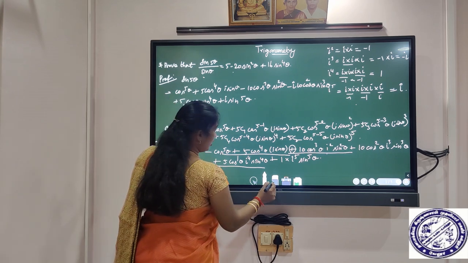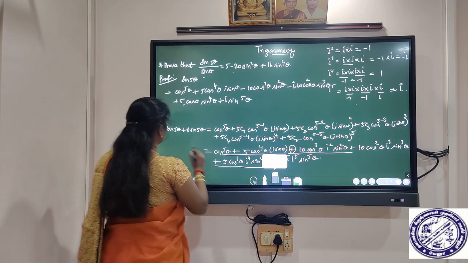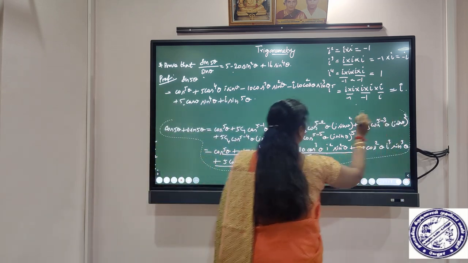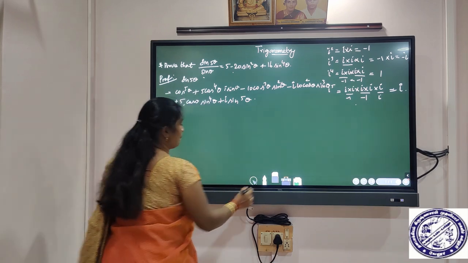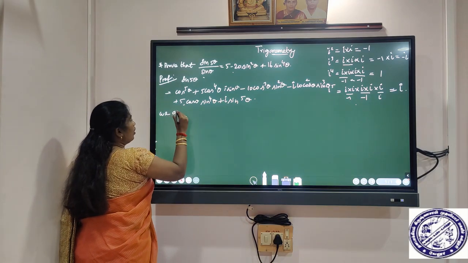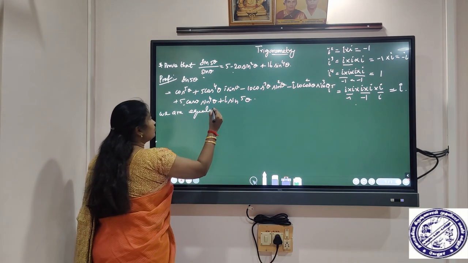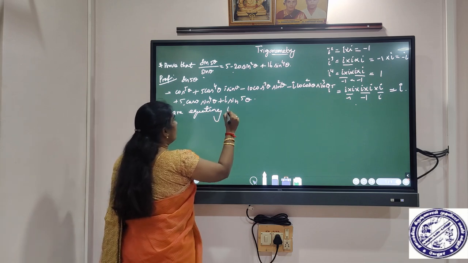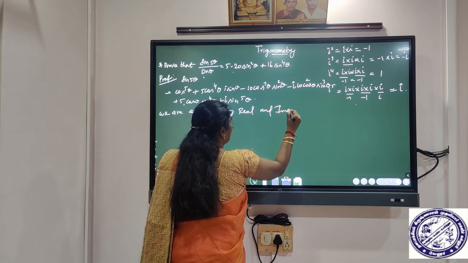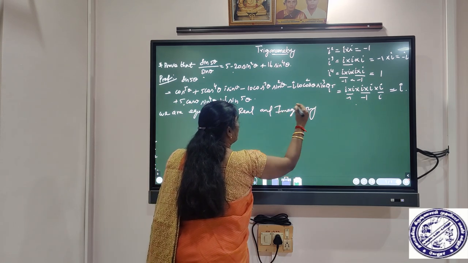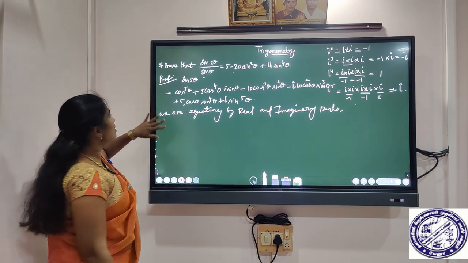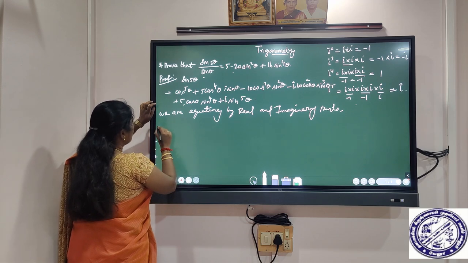Next we are going to equate these equations by real and imaginary parts.